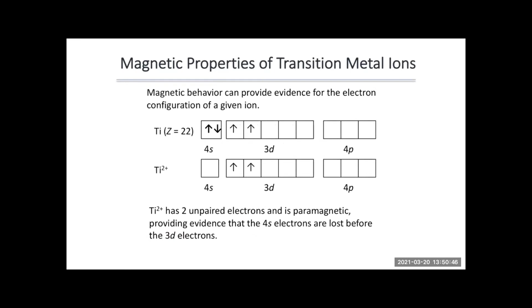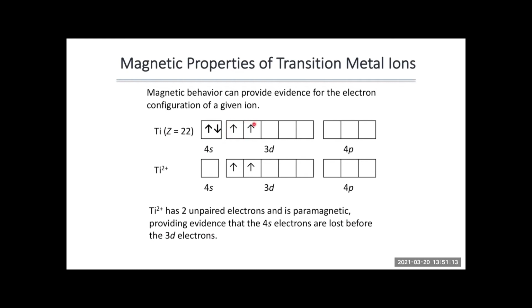And so when we're looking at the magnetic properties and magnetic behaviors of different elements, we can actually use that as evidence to figure out electron configuration. And so if we take the example of titanium, titanium is element 22. If we look at its valence electrons, it has a filled 4s shell, and then it has 2 electrons in the 3d.